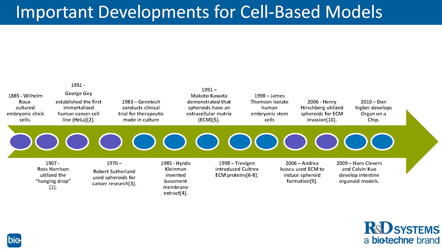Also in 2006, Henry Hirschberg utilized spheroids for extracellular matrix invasion, proposing a new tumor invasion model to recreate early events in metastasis. So this timeline indicates how long we've been working on these models. It's been steadily evolving over the last 130 years. And these are some critical discoveries that have brought us to where we are today.